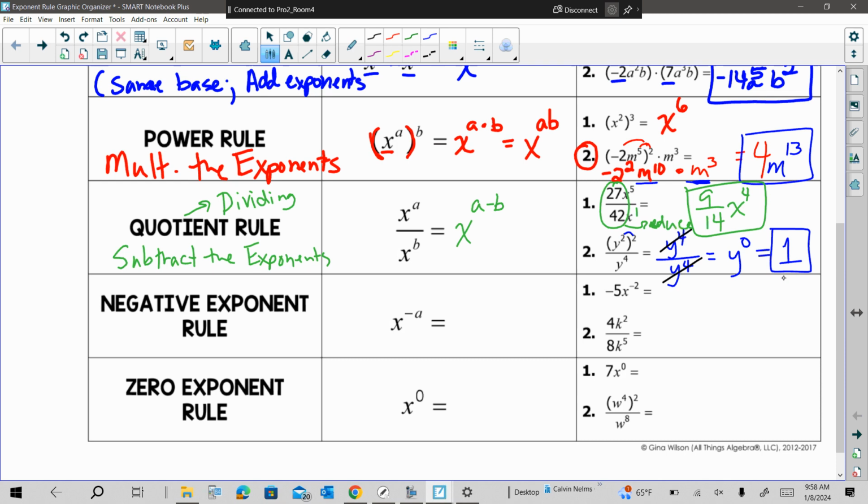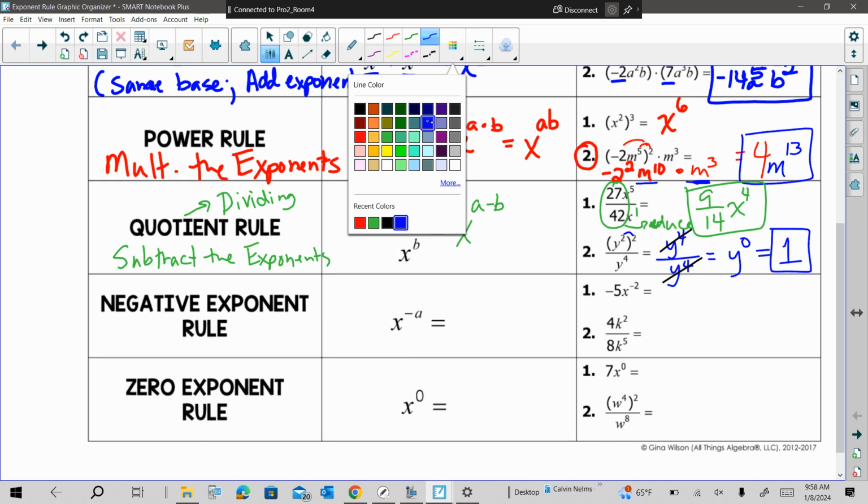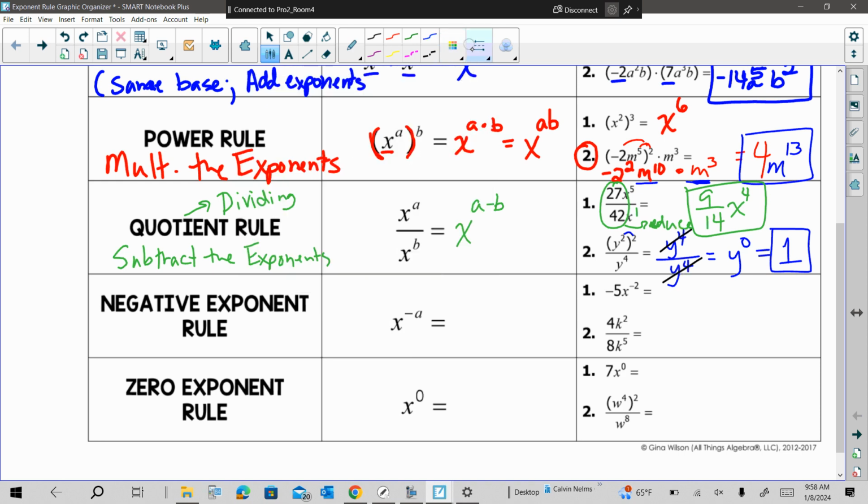All right, negative exponent rule. You cannot keep exponents as a negative. So what you have to do is flip and change to positive exponent. When I mean flip, it's taking a reciprocal.